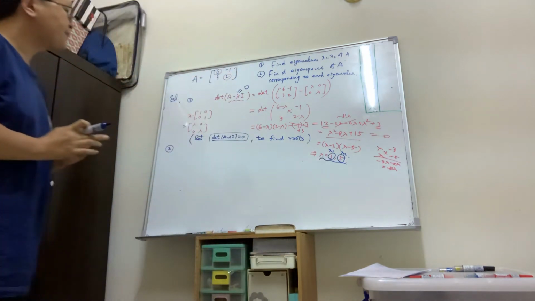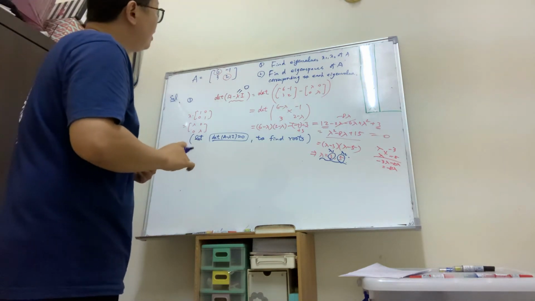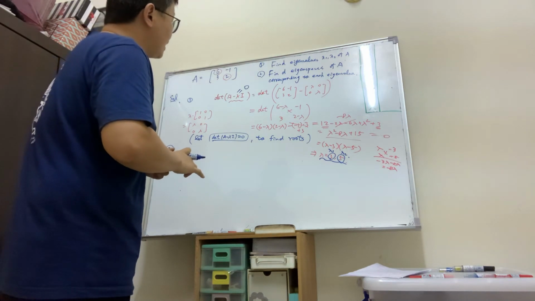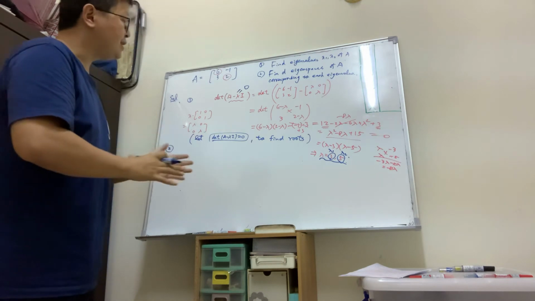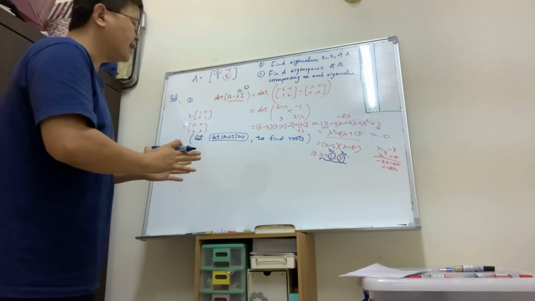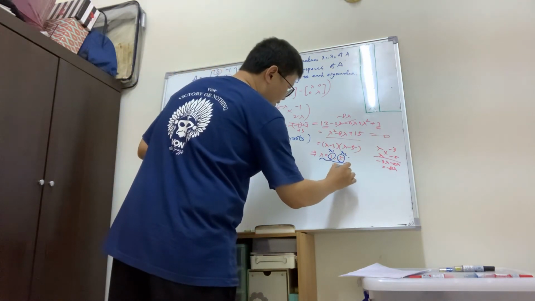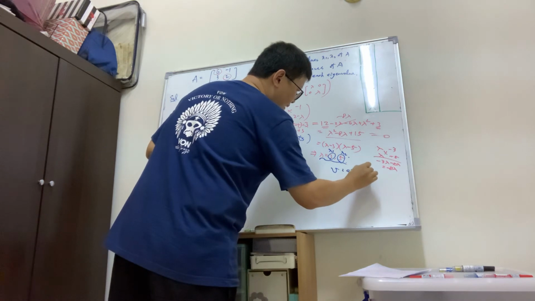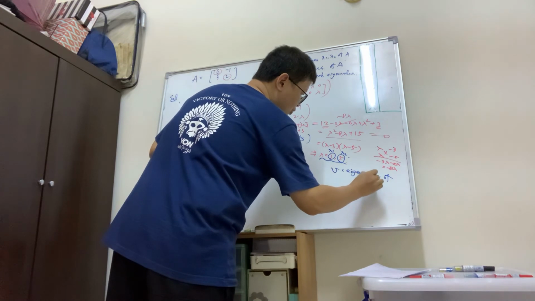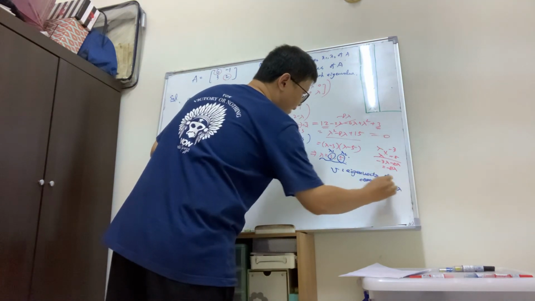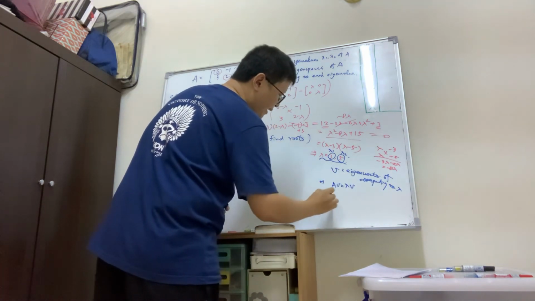And the second question, find the eigenspace. Why do we consider the eigenspace? As we said, we should know the eigenvalue, and we also need to know the eigenvector. If V is an eigenvector of A corresponding to eigenvalue lambda, it means that AV equals lambda V. Then what can we say?